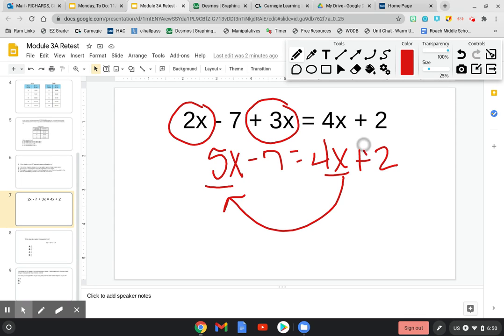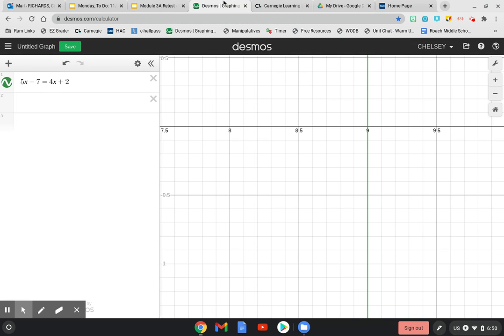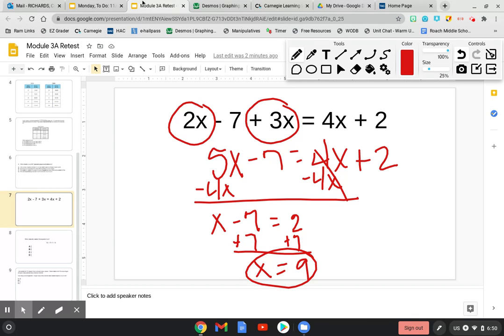Right now it is being added, so I'm going to subtract it from both sides. And when I subtract it, I get 1x minus 7 equals 2 because this one cancels out. And then again, if I want to move the 7 over to the other side, you have to do the opposite. You add 7, x equals 9. And so you know from looking at Desmos, that's where it crossed the line. So here's just another way to prove that.